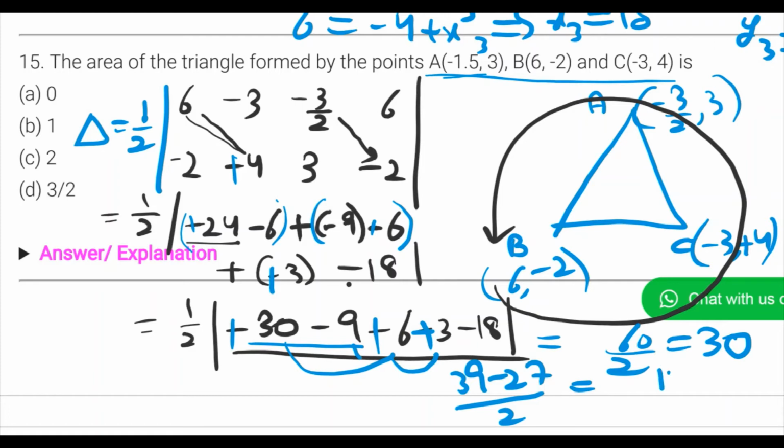So this is 12 by 2, which gives us 6 units. So the answer is 6 square units.